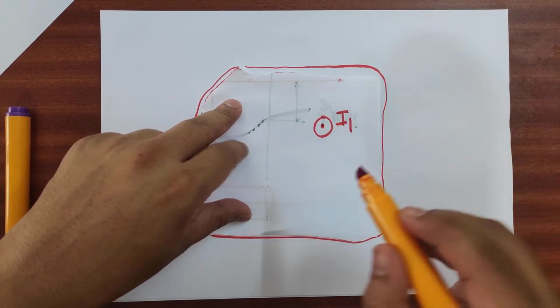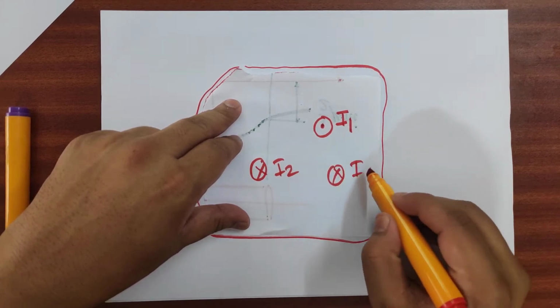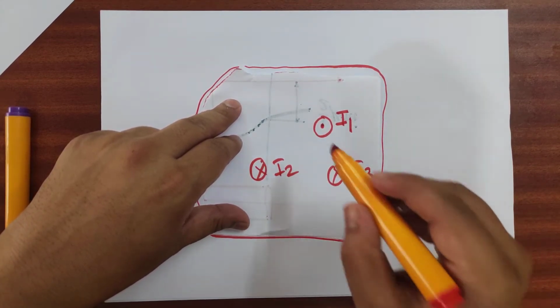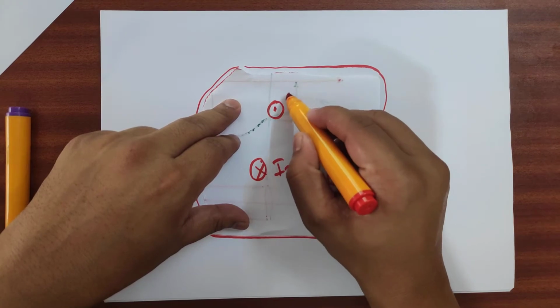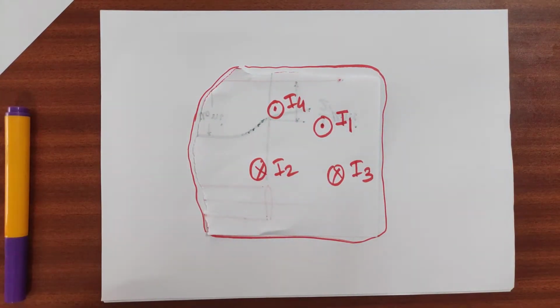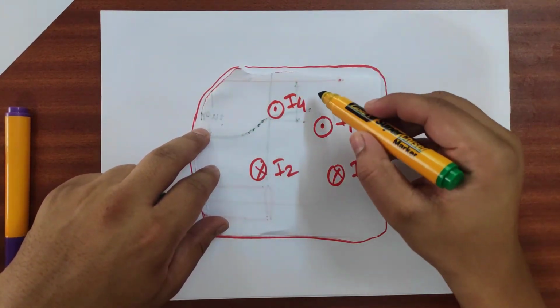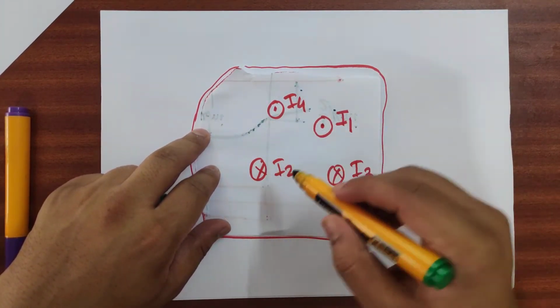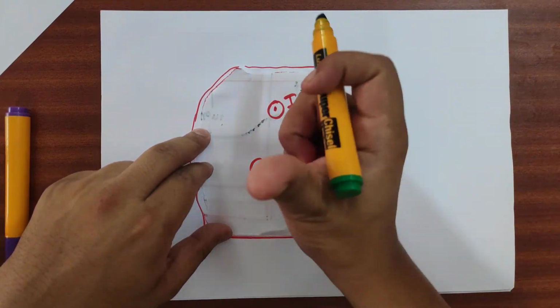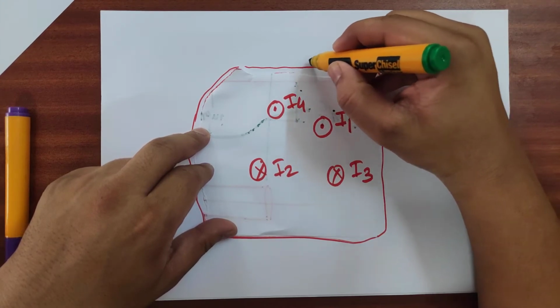This is I1, say this is I2, say this is I3, and sorry, this is I4, and we are calculating the integral of the magnetic field over this closed loop. Suppose the currents I1 and I4 dominate over the others, so the net current is flowing out of the plane of the paper.